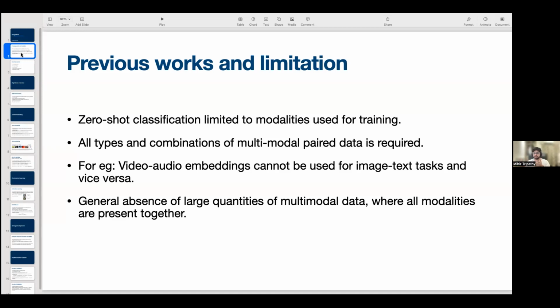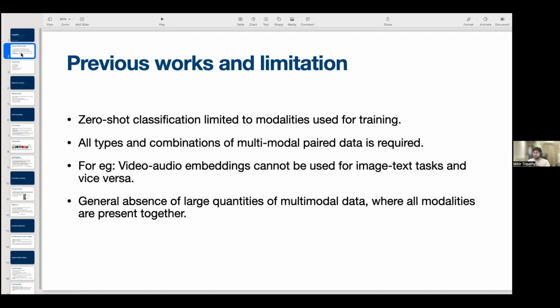So previously, how zero shot classification models work, for example, we take CLIP. It is trained on huge amounts of image and text data, and then, given an image, it can only predict the text of it, or given the text, it can only predict the image of it.